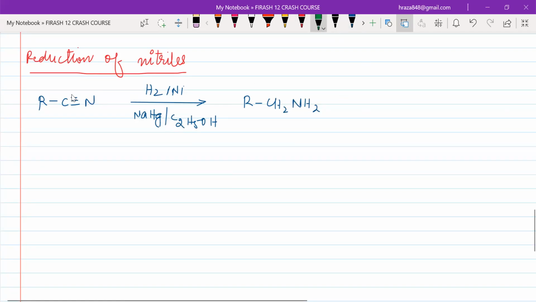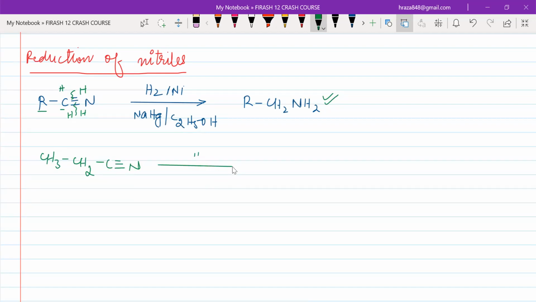If you break one of the bonds, there will be addition of hydrogen here and here, and another reduction, that means addition of hydrogen. Now you can see RCH2NH2, it converted into amine. Is that clear? Primary amine, right? Yeah, primary.